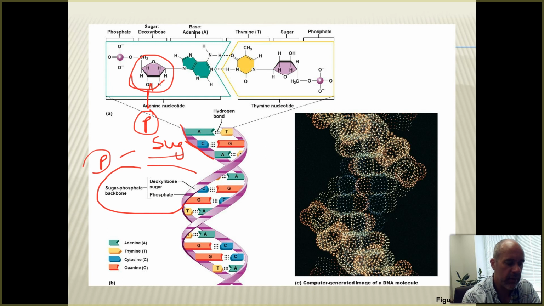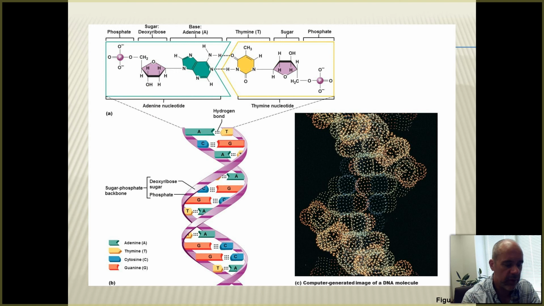All right, but we said DNA molecules are double-stranded. So if you look over here, you've got another strand of DNA. There's its sugar phosphate backbone. And so you've got another sequence of T's and G's and T's and C's and A's and so forth that are bonded together. And what holds those two strands together?